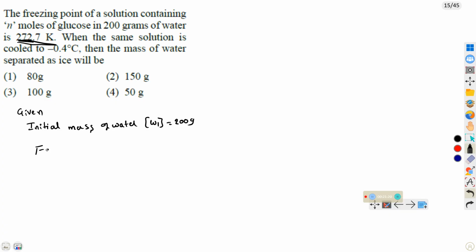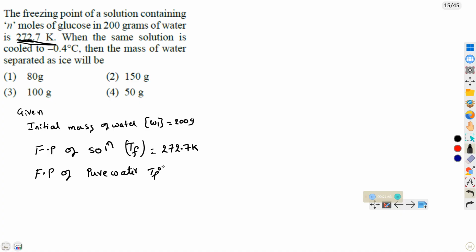Freezing point of solution Tf is equal to 272.7 kelvins. Freezing point of pure water, Tf naught, is equal to 273 kelvins.